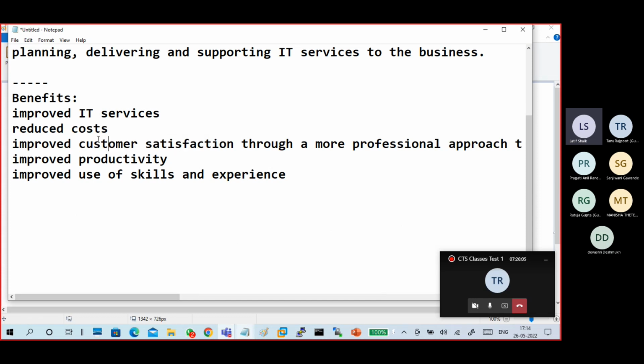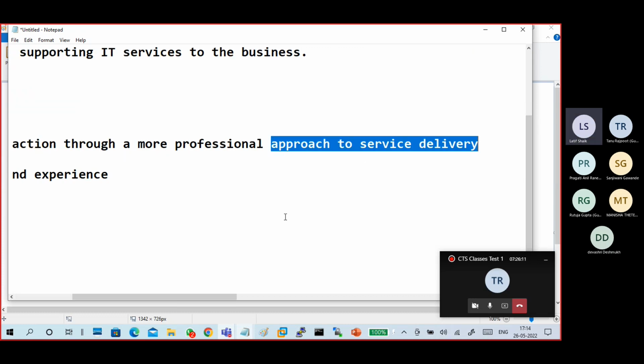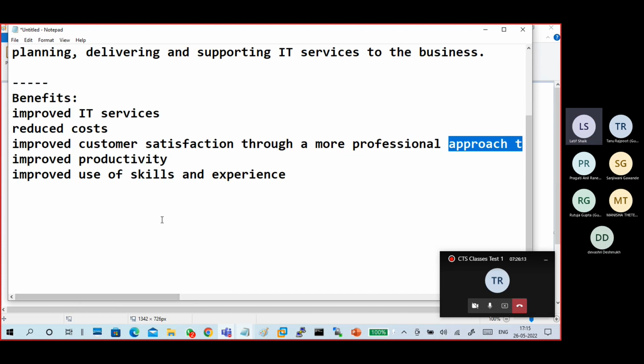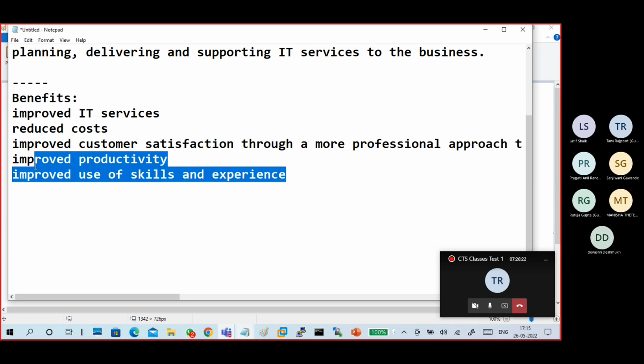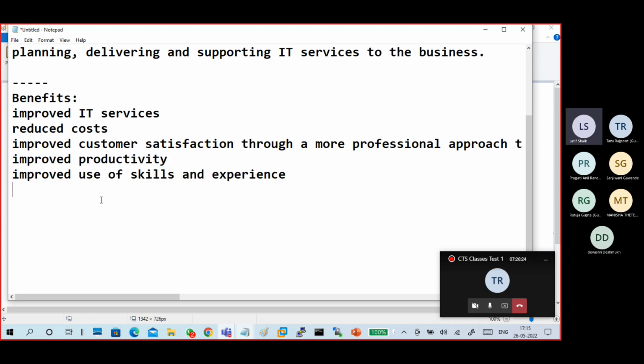But customer satisfaction, when you provide proper professional service delivery and service support, you improve productivity. As a simple example, Nokia only. Improve use of skills and experience.